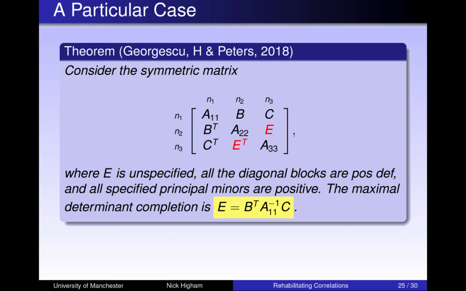So it's B transpose A11 inverse C, an explicit formula for this optimal solution. And there are some other patterns for which we can also give a formula like these.